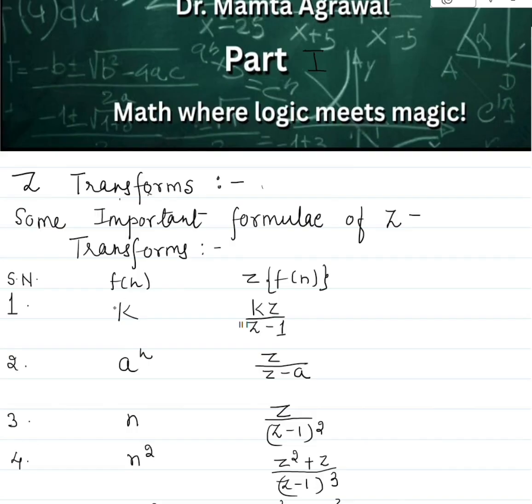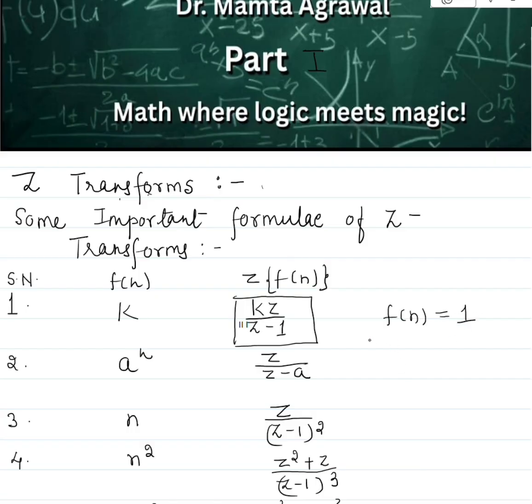The first is if the function is a constant k. If you are finding the Z transform of constant k, this will be kz upon z minus 1. This is the Z transform of the constant function k. Suppose your function is f of n equals 1.